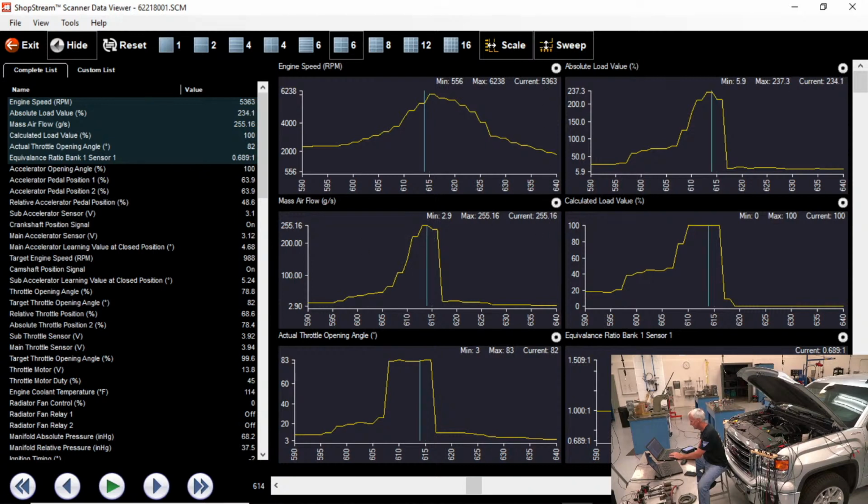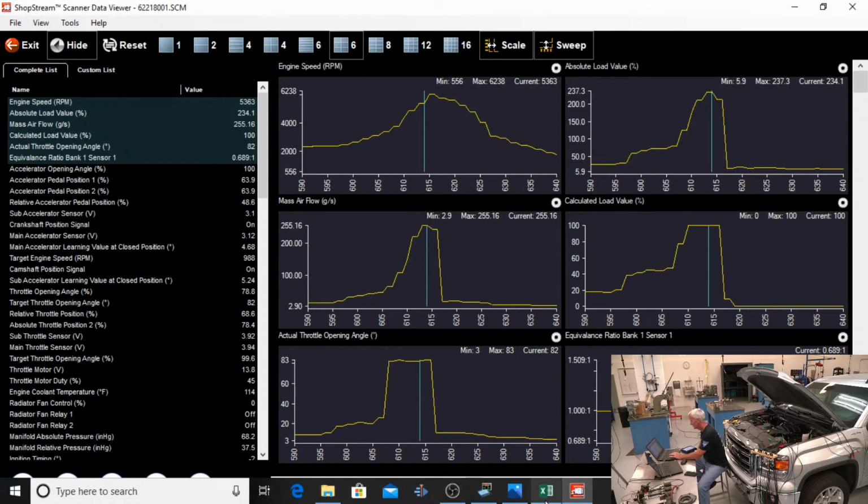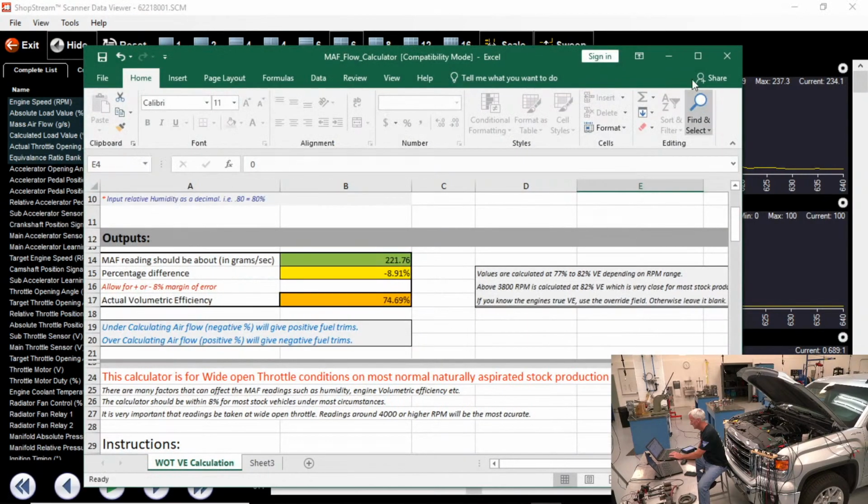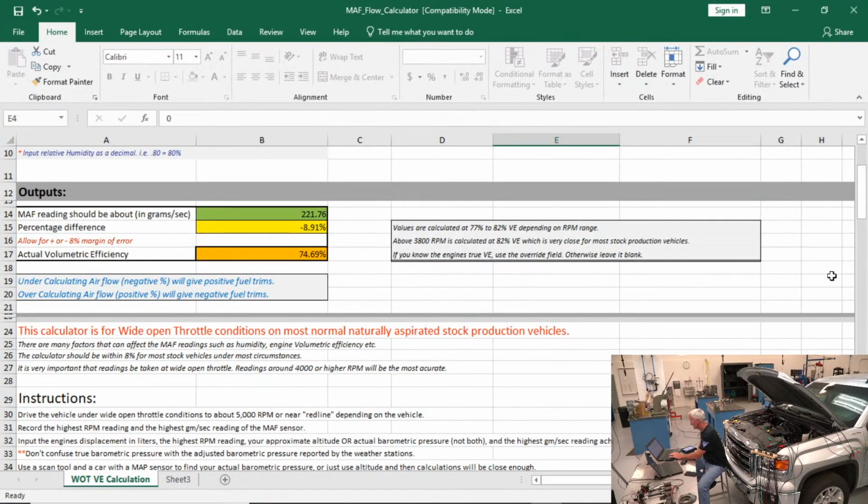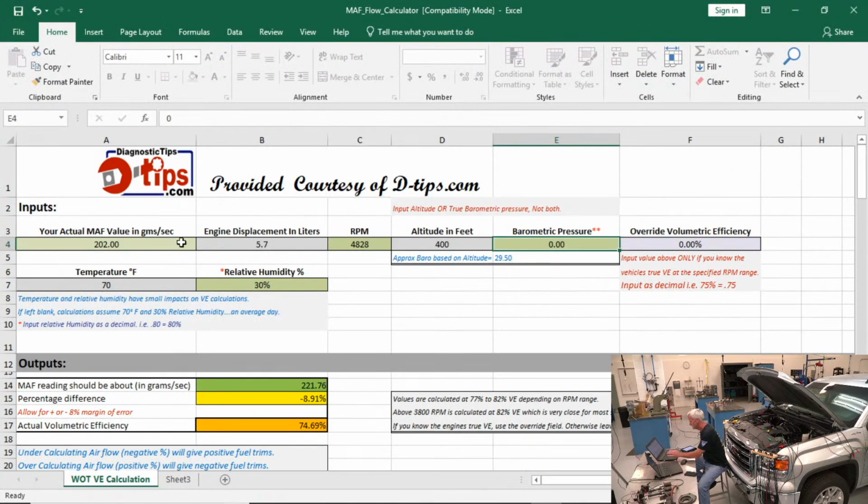So if I go back to my calculator, I had 255 grams of airflow per second, 2.0 liter, 6,000 RPM, and enter.